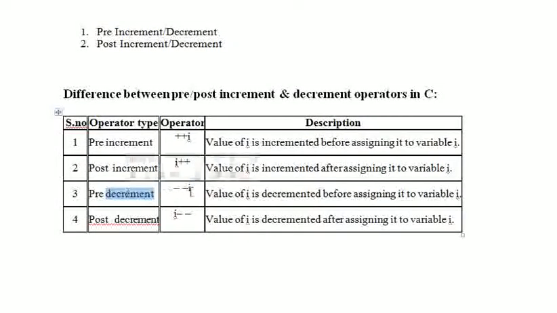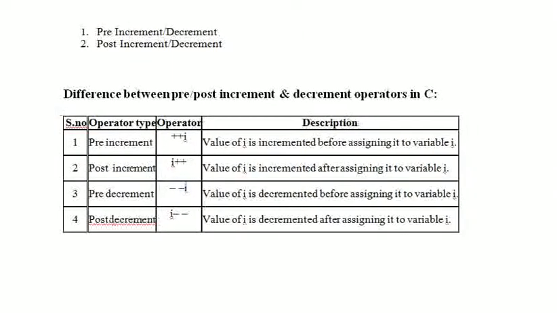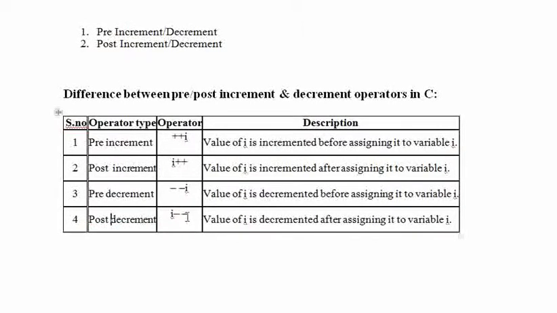Pre-decrement is written like this: value of I is decremented before assigning it to the variable I. And here is post decrement, represented like this: value of I is decremented after assigning it to the variable I. These are the same as I is equal to I plus 1.